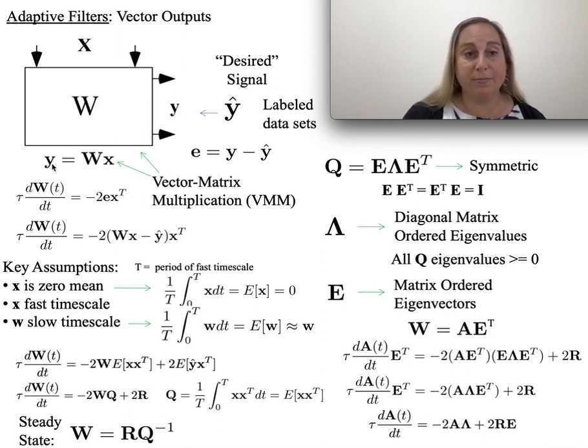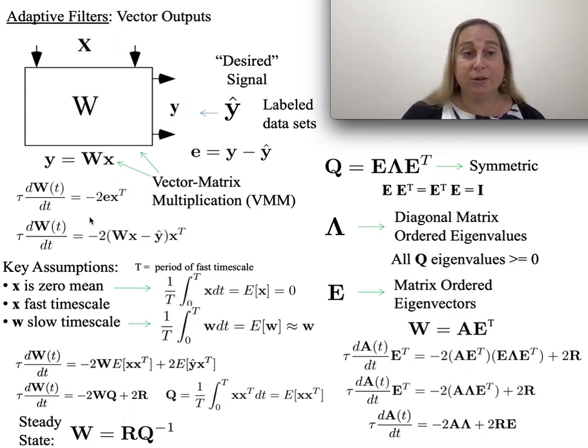There's a matrix-vector multiplication between y and x, of which that's going to be a matrix W. And then matrix W is going to be adapted by an outer product of minus 2e times x transpose. And this, of course, comes from an error surface optimization, which is why you get a 2. You get the minus because you're moving against the gradient in that optimization.